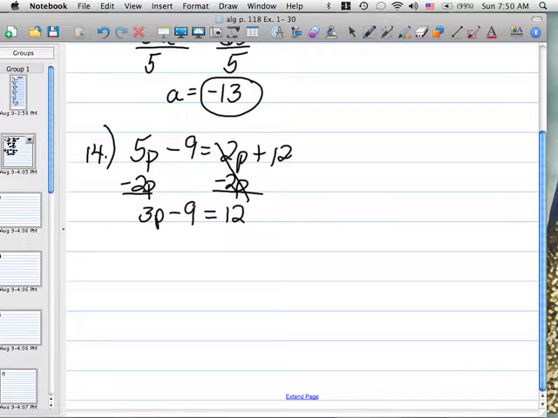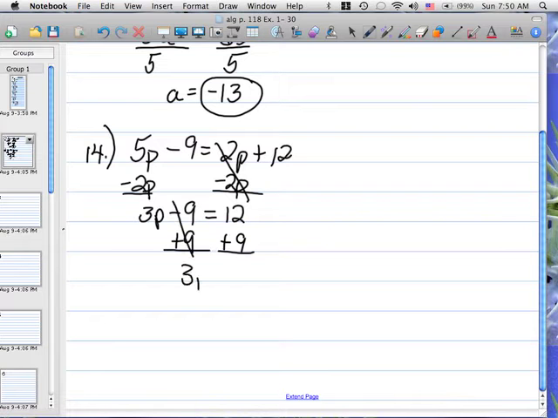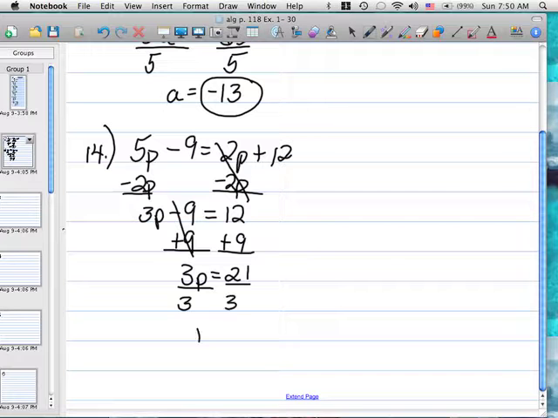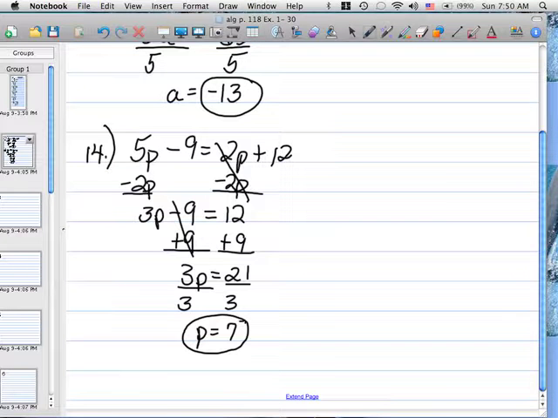We want to get rid of the minus 9, so we'll do its opposite, add 9. So we have 3p equals 21. And then solving for p, divide by 3, p equals 7. By keeping the variable positive, I don't end up with the opposite of a variable, so I don't have an extra step.